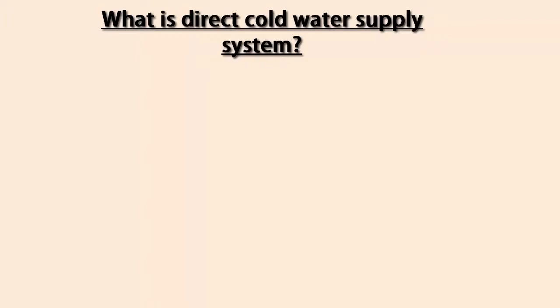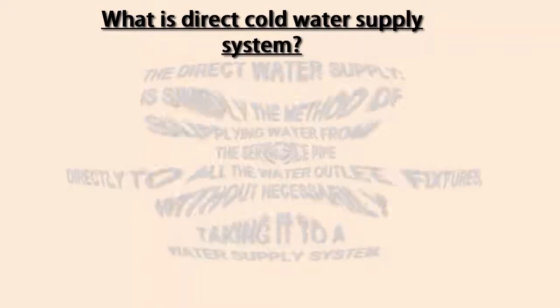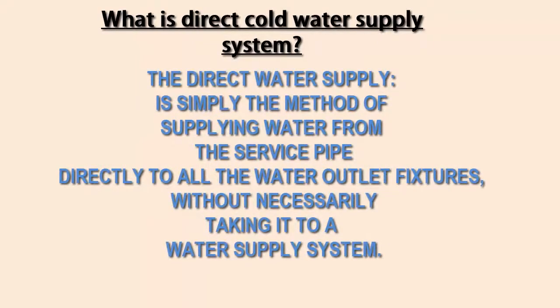The direct water supply, as the name implies, is simply the method of supplying water from the service pipe. The service pipe will take water and distribute it directly to all fixtures and appliances we have, without necessarily taking it to a water storage system.